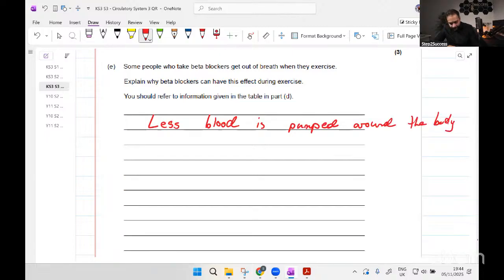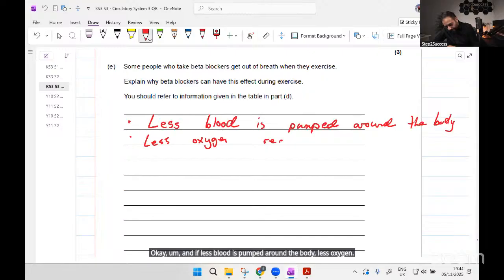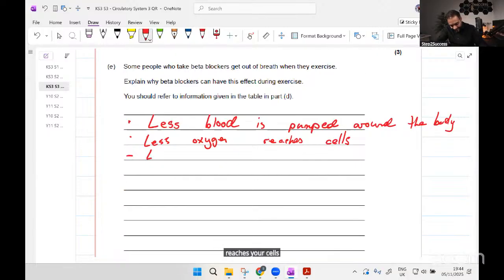And if less blood is pumped around the body, less oxygen reaches the cells, because that's what the blood is carrying. If less oxygen reaches your cells, what can they do less of? They do less respiration, or at least aerobic respiration. What does respiration do?